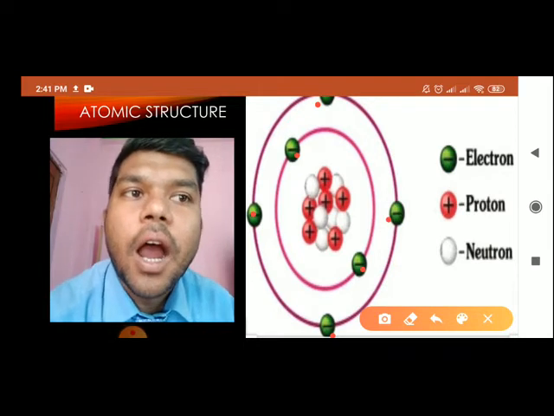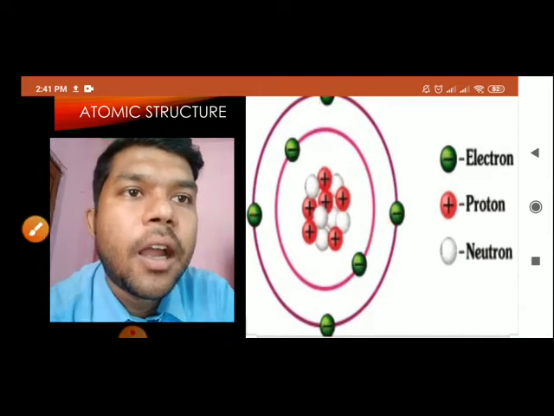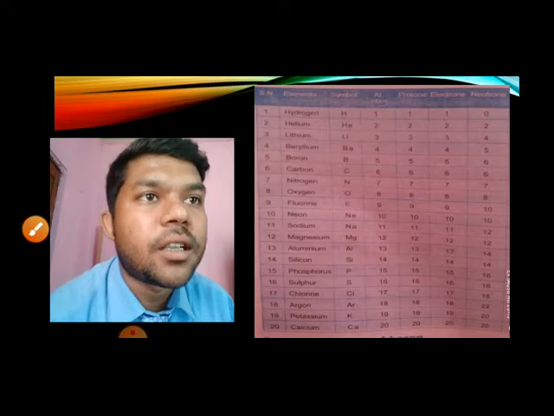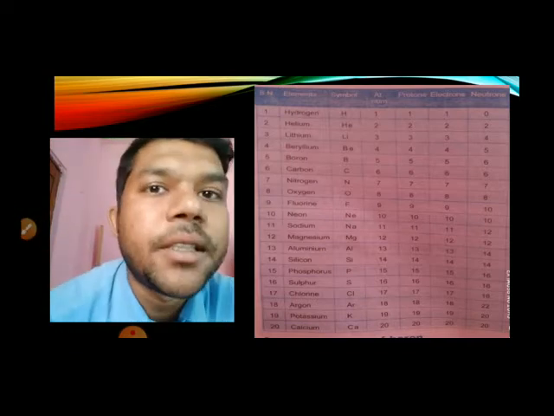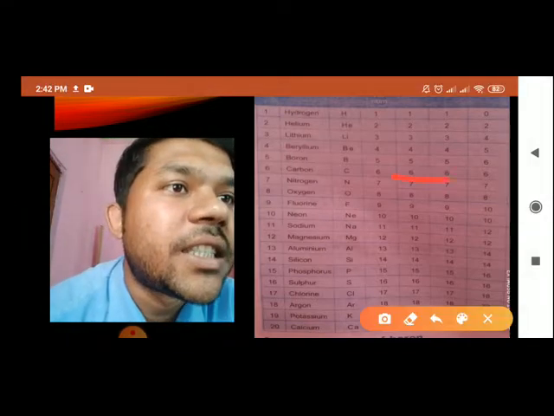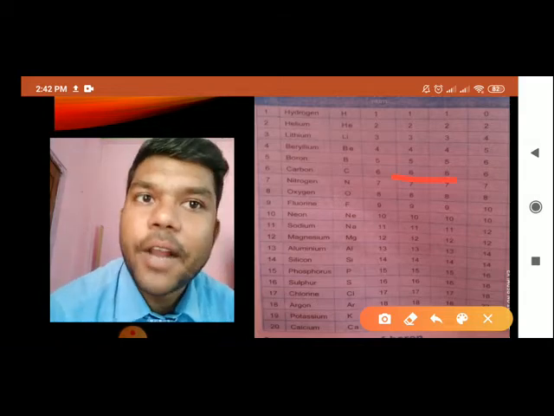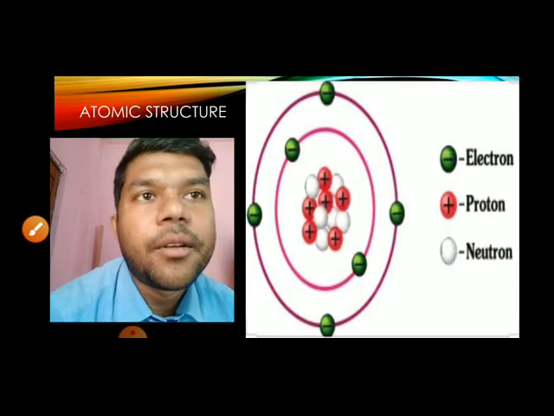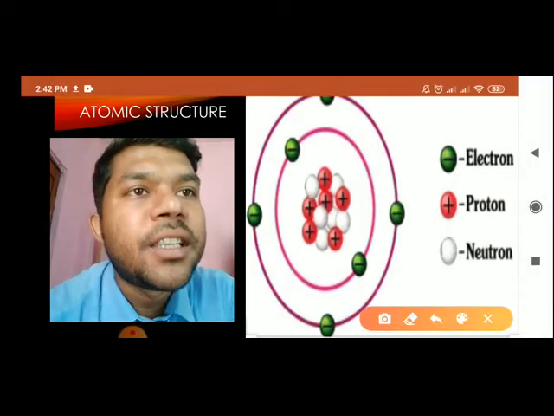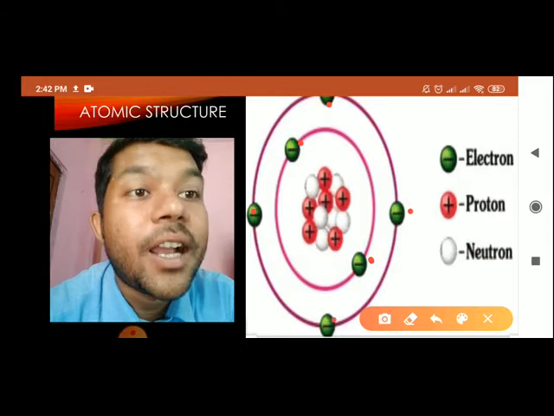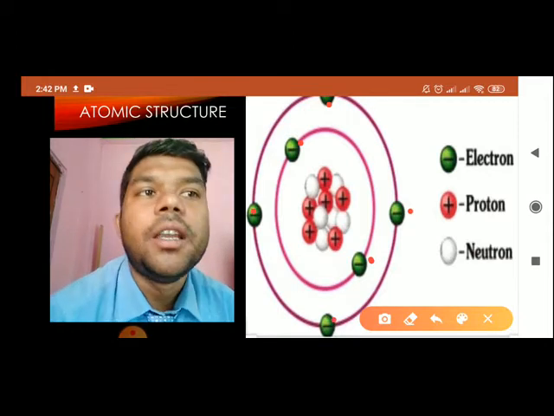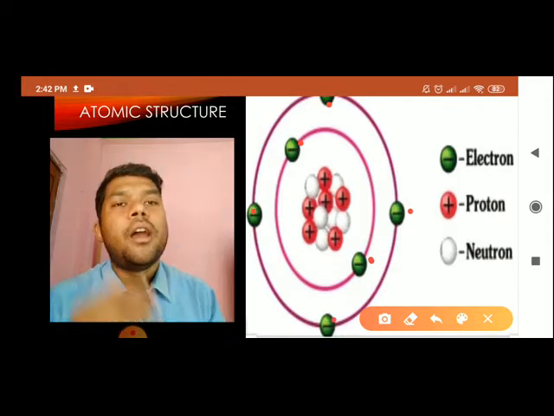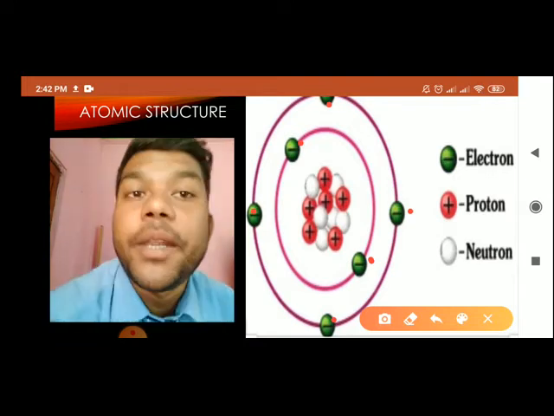I discussed earlier in the previous slide that 6 electrons is carbon. So definitely this atomic structure is carbon. The reason is hydrogen, helium, lithium, beryllium, boron, carbon: carbon has 6 electrons.